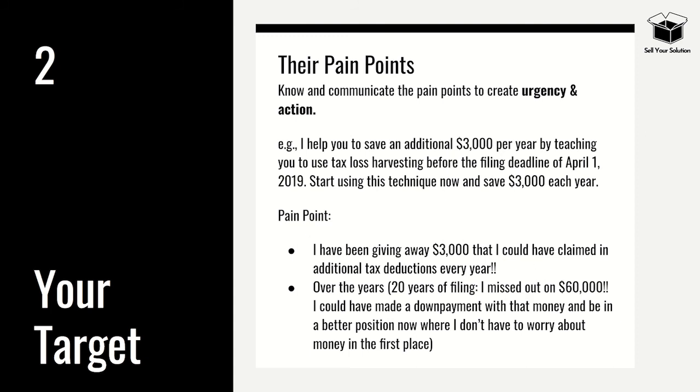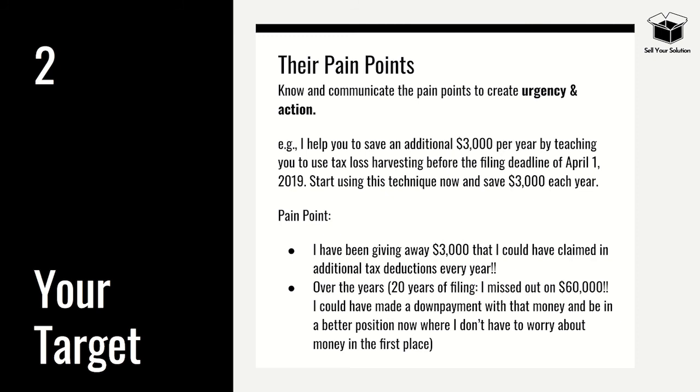So what is the pain point? They're losing $3,000 in savings each year. Now, what does that mean? That's a question we ask ourselves. Well, that means I'm giving away $3,000 each year. Oh my God, what could I have bought with all of this? Actually, I've been giving that away for the last 20 years since I've been filing. That's $60,000.